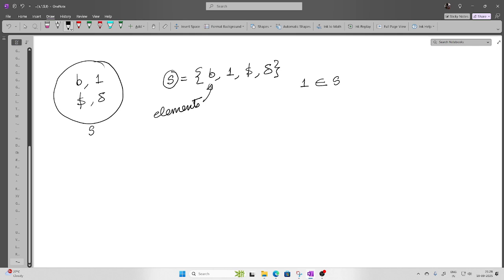Whereas if somebody says whether let's say Dale is an element of S, no, it is not present in S, so it is not an element of S.